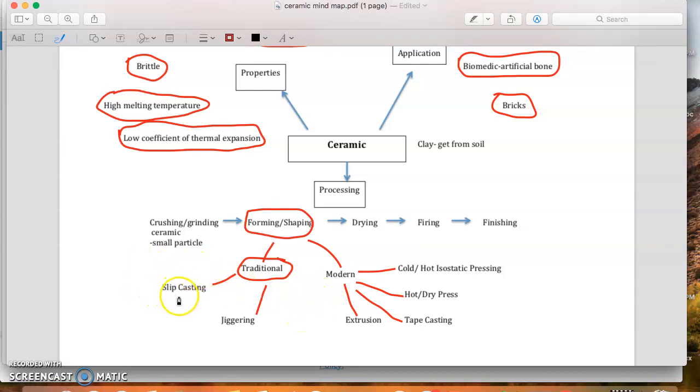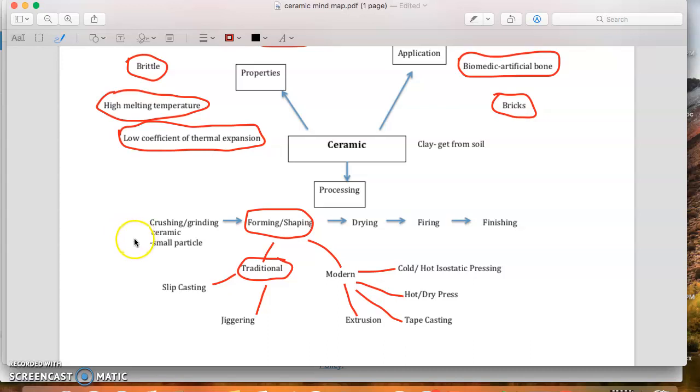Later we will discuss in detail each process: slip casting, jiggering, extrusion, tape casting, hot or dry pressing, cold or hot isostatic pressing, or you can refer to the lecture notes which discuss these processes in detail. So here I want to highlight to you the difference between ceramic processing and powder metallurgy.